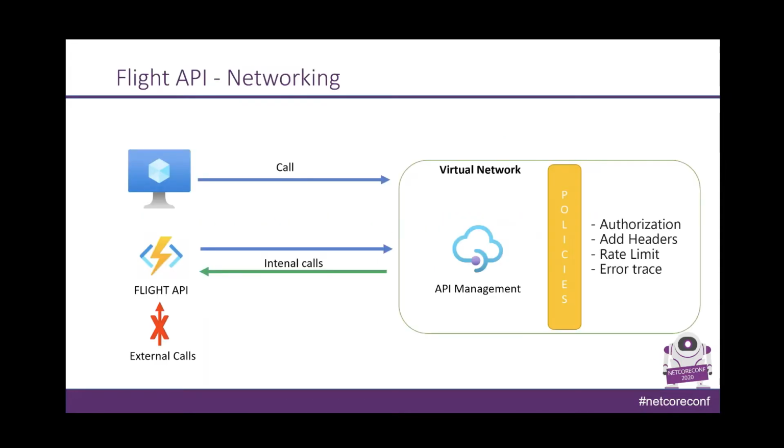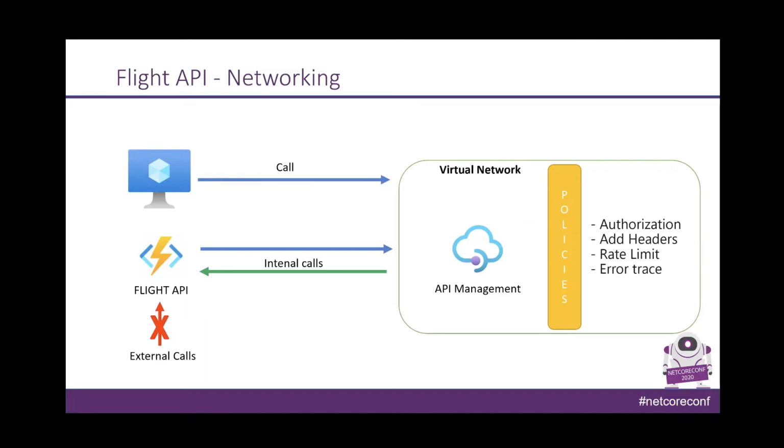So let's talk about the networking part. Until now, you have to know that our instance of API management is exposed on the internet, and I don't think that the security team will like this. Just think about it a moment.